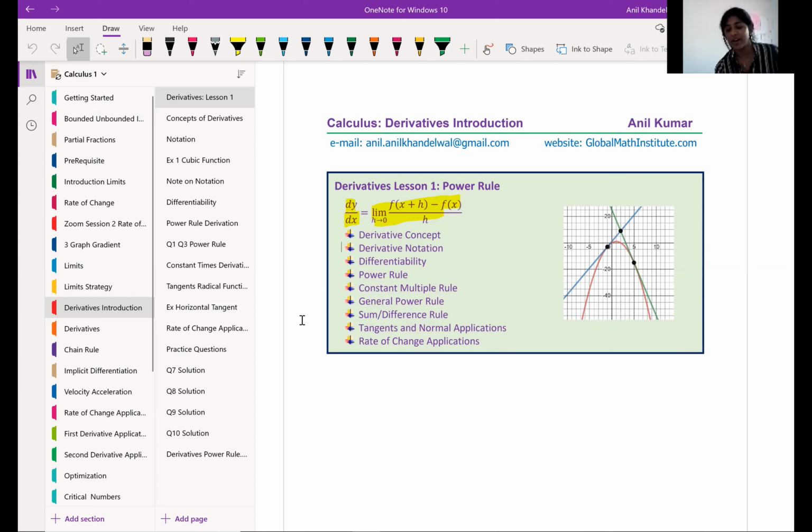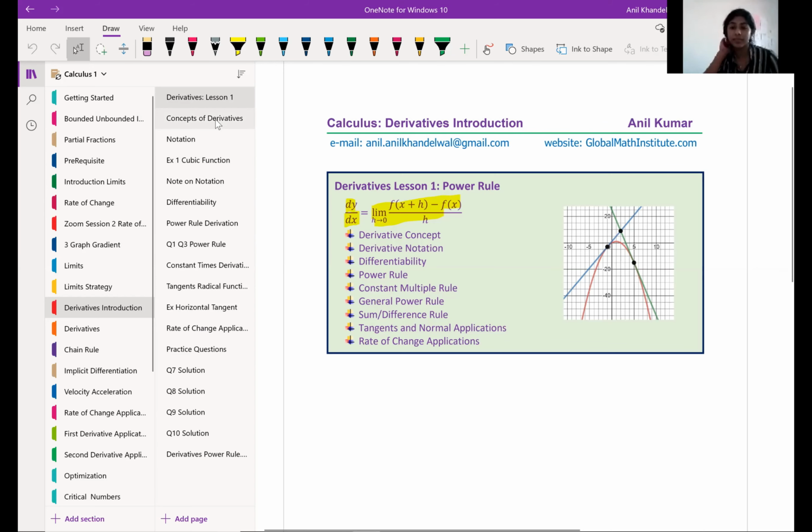The f of x derivative form is still finding the gradient, using the same formula. Correct. So the gradient formula or the instantaneous rate of change formula is exactly what the derivative is. Derivative is another name for the gradient.